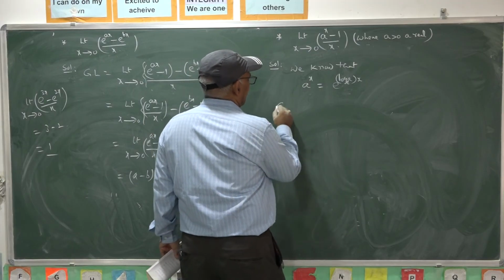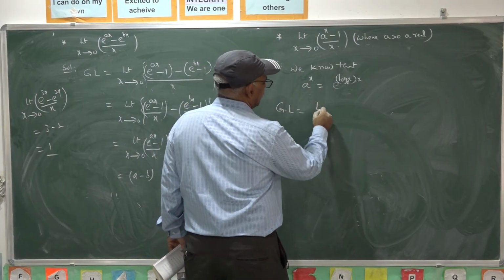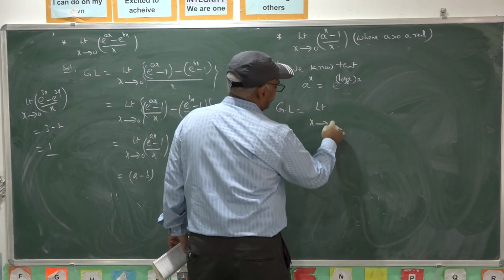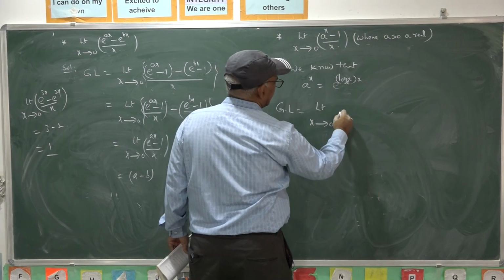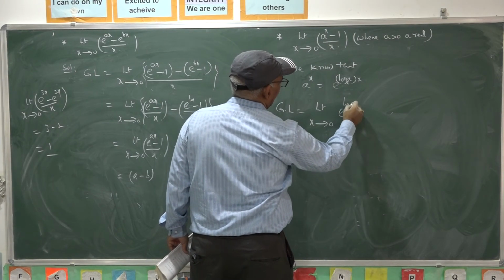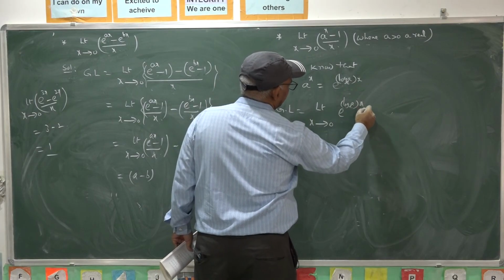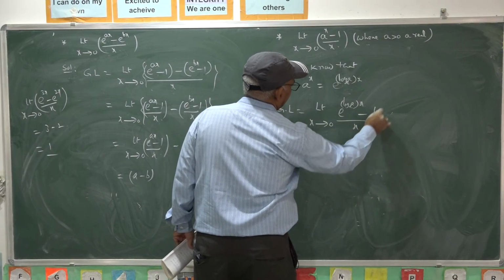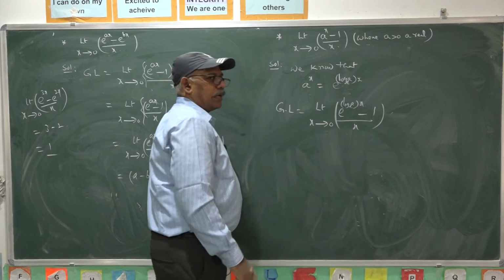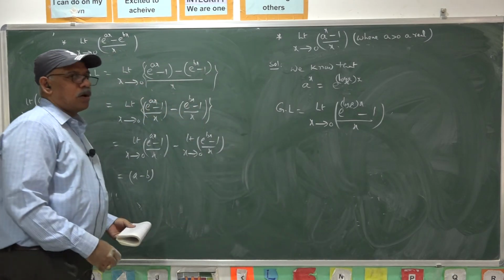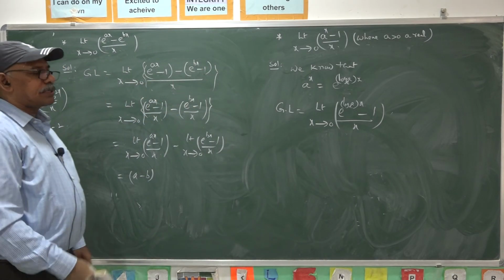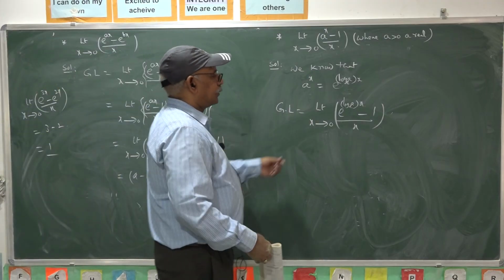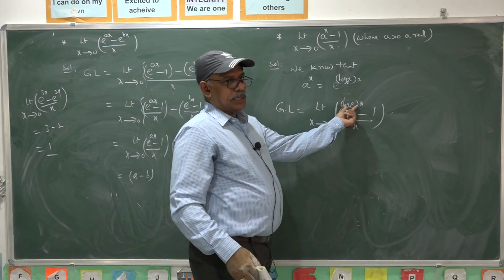So, the given limit here is the limit as x goes to 0. You can write a^x as e^(log a · x), so the given limit becomes (e^((log a to the base e)·x) - 1)/x.